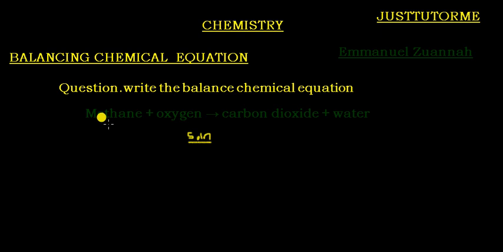We say methane. We know methane is a natural gas, and the formula for methane is CH4. So we get C, H, and 4. So this is methane.